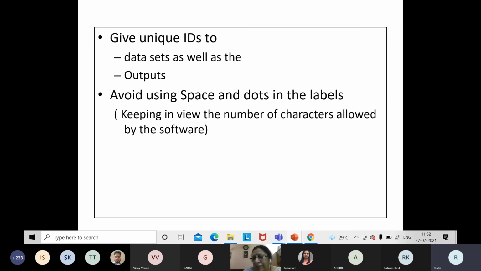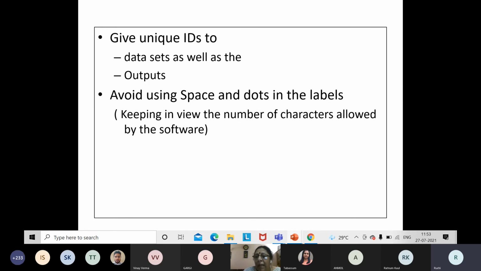Again, a seemingly trivial thing, but very important, that you will know only after some time if nobody advises you on it. Try to give unique IDs to all the data sets which you are using and also to the outputs. Initially, when you are starting, you can give very generic labels like tree, phylogenetic tree, ML tree, parsimony.